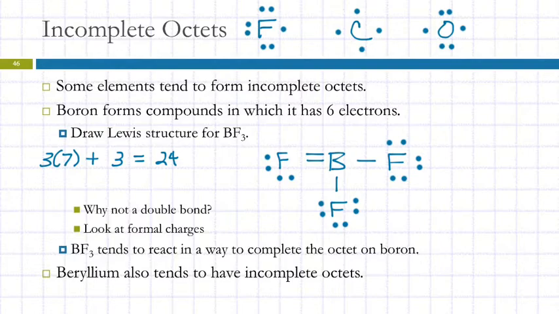Let's look at formal charges. What's the formal charge on this fluorine? It came with 7. If we cut all the bonds in half, what's it going to leave with? 6. So the formal charge is going to be plus 1, right? What's the formal charge on this fluorine?